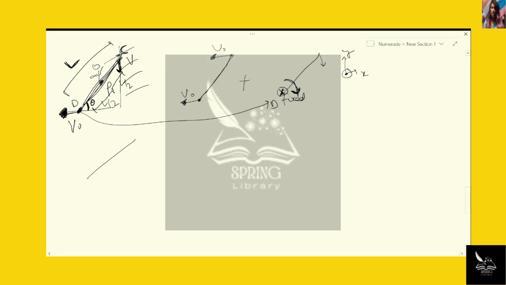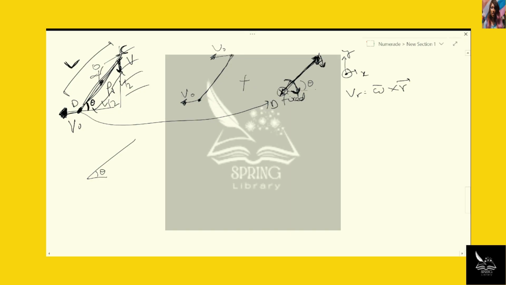So if this is theta, this is also theta, and this angle has to be 90 degrees because the rotational velocity is omega cross r, and our r vector is like this, and our omega is going down into the page.